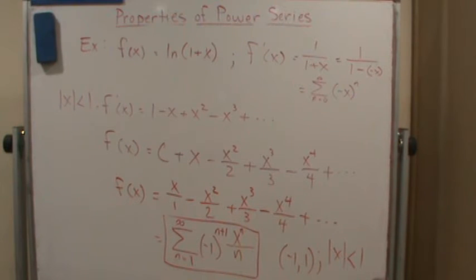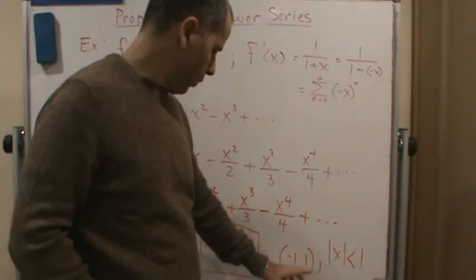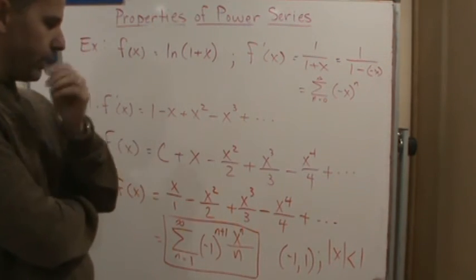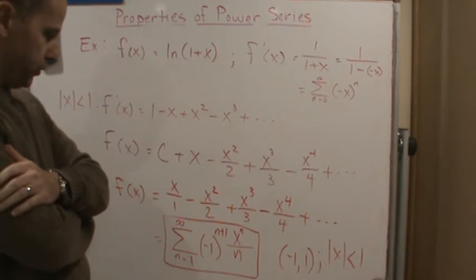Okay, now we still have to test the endpoints, because all it says is what's in this interval, but it doesn't say what happens at the endpoints.